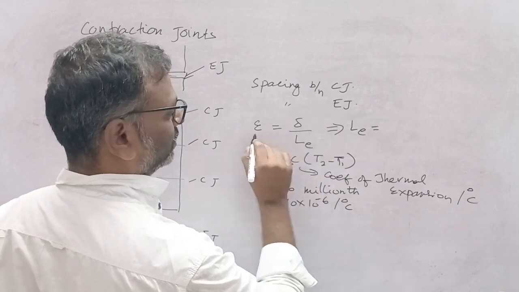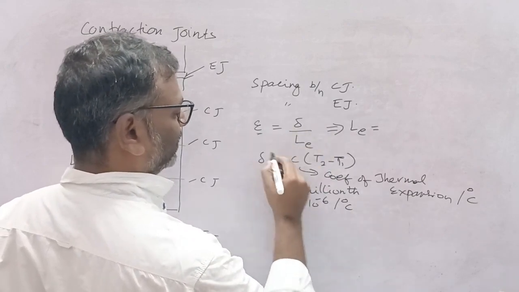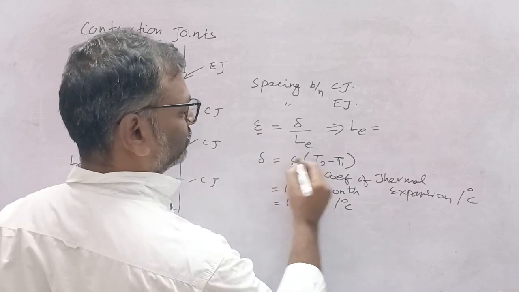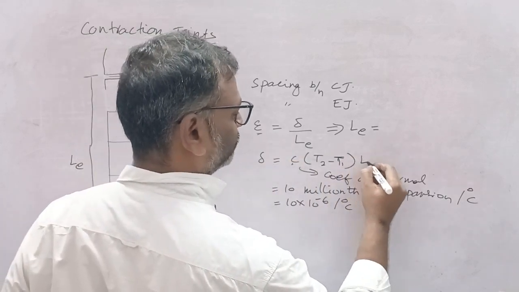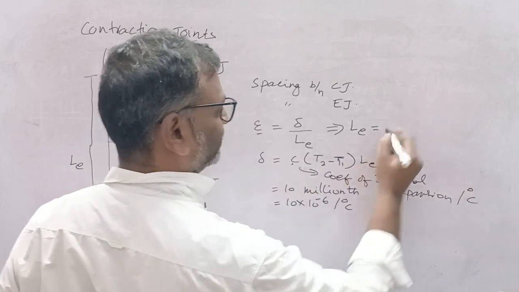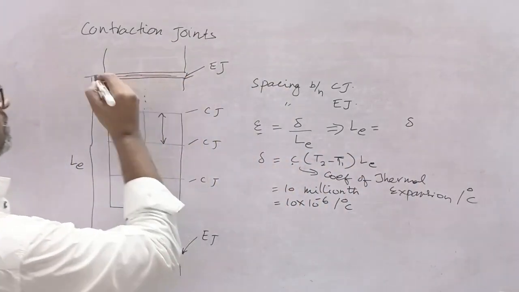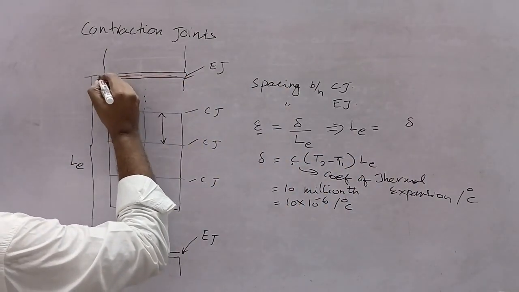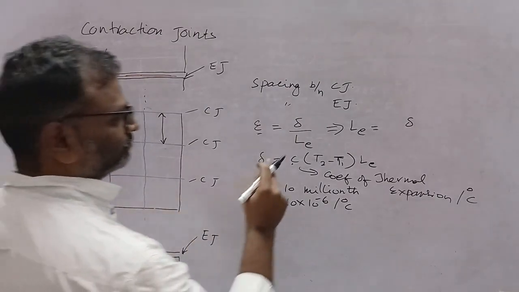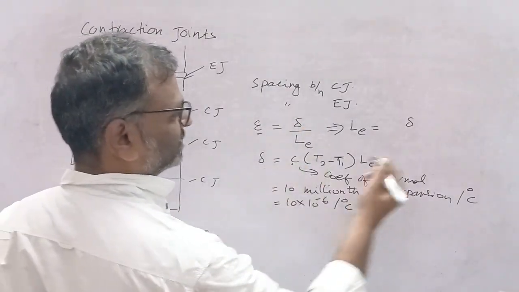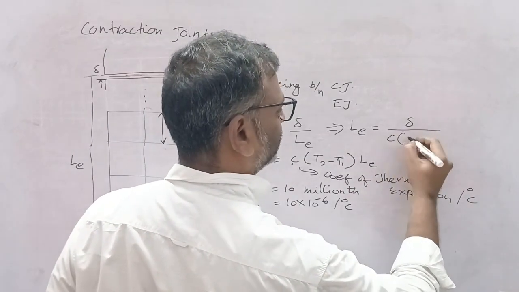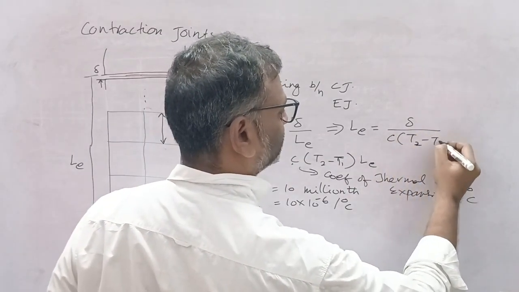So we got delta as C into T2 minus T1 into LE, and from this LE is delta, that is the change in length, the spacing divided by C into T2 minus T1.